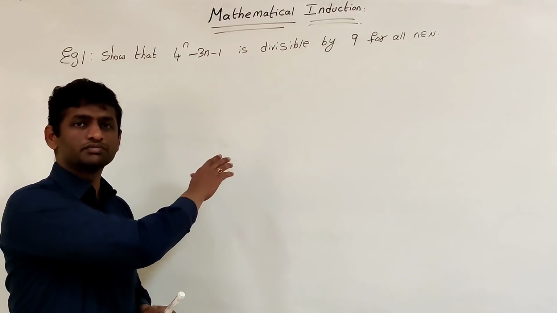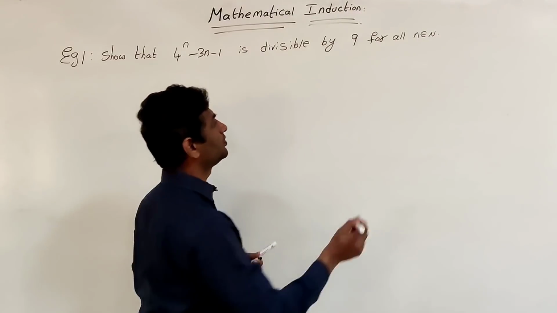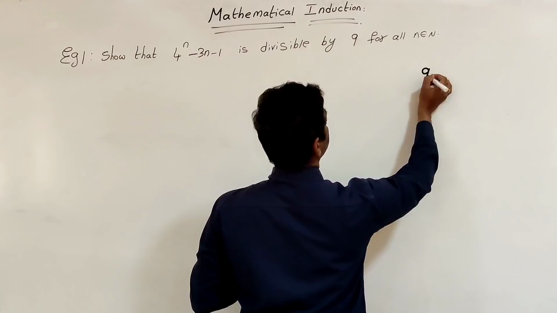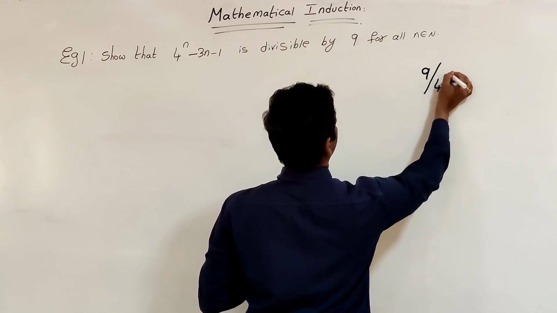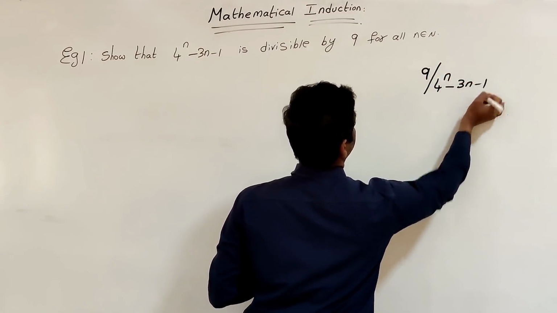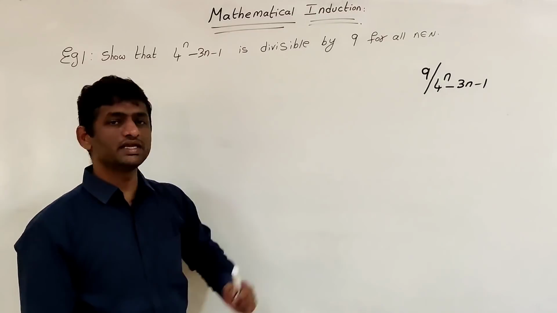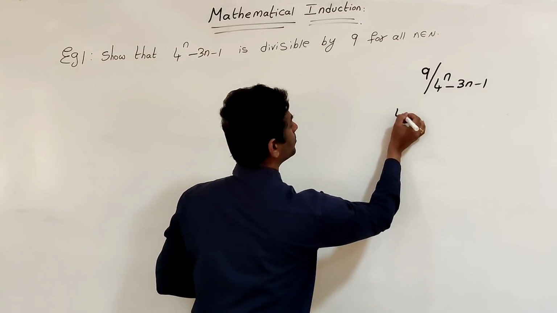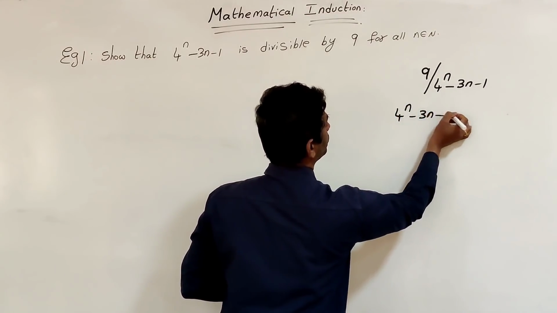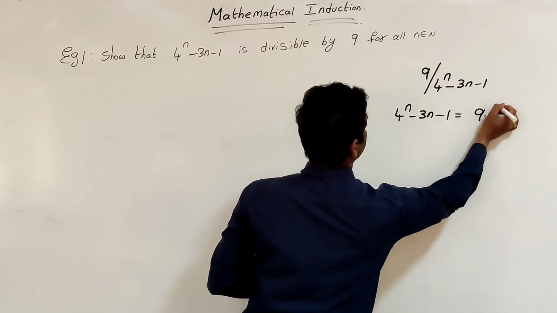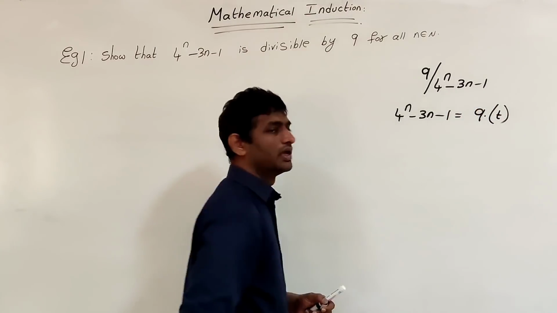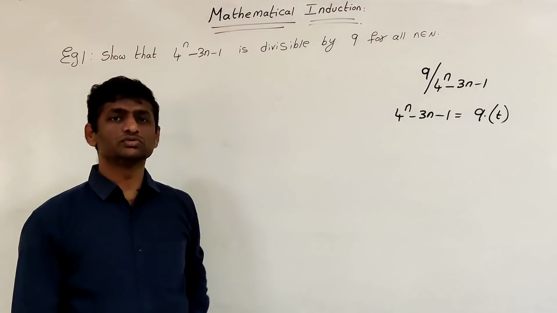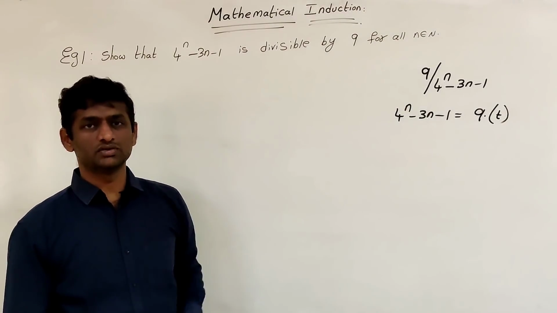Based on the theorem, what is to be proved is that 9 divides 4 to the power of n minus 3n minus 1. That is, 4 to the power of n minus 3n minus 1 is equal to 9 into some integer t, where t belongs to Z, and the remainder will be 0.